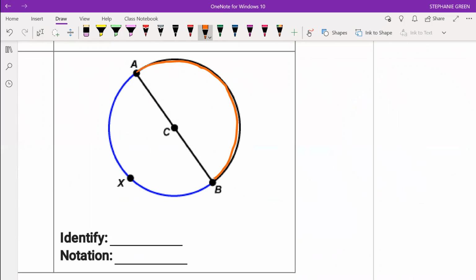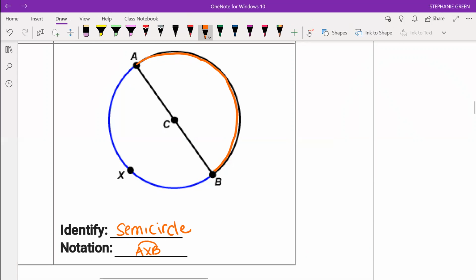And both semicircles have endpoints A and B. So it's not reasonable to call this semicircle in blue just arc AB, because there are 2 AB arcs in this diagram, and neither of them are minor arcs. So to identify the blue arc, I would say we're looking at arc AXB. So both major arcs and semicircles need to have 3 letters in their name.